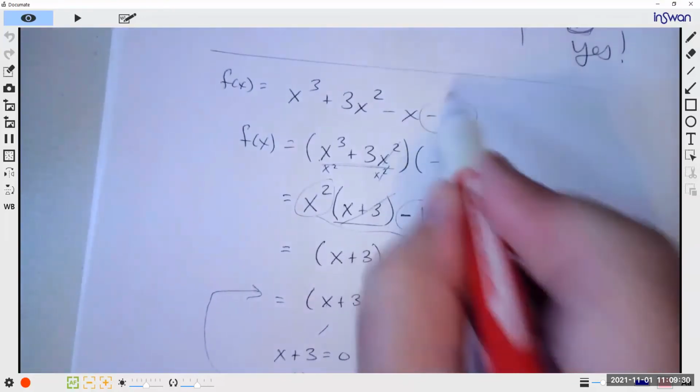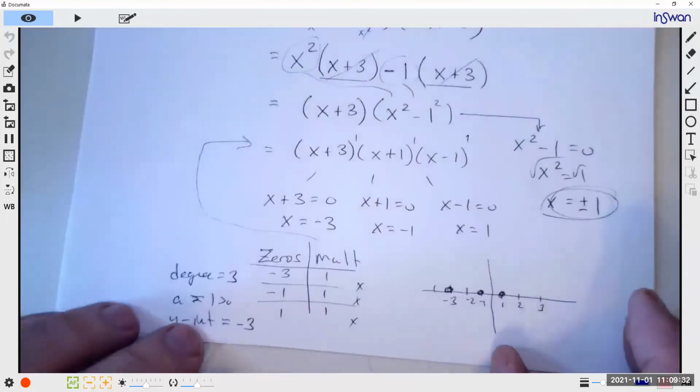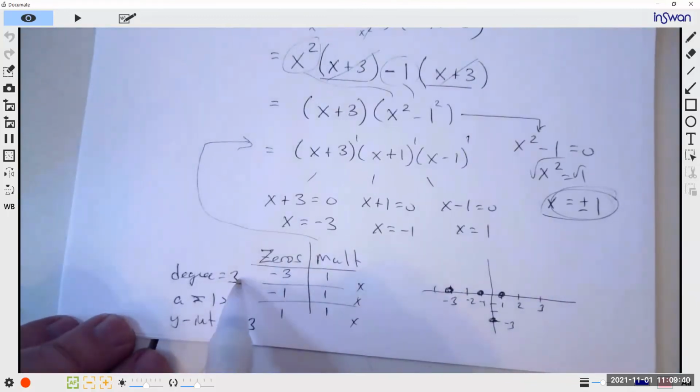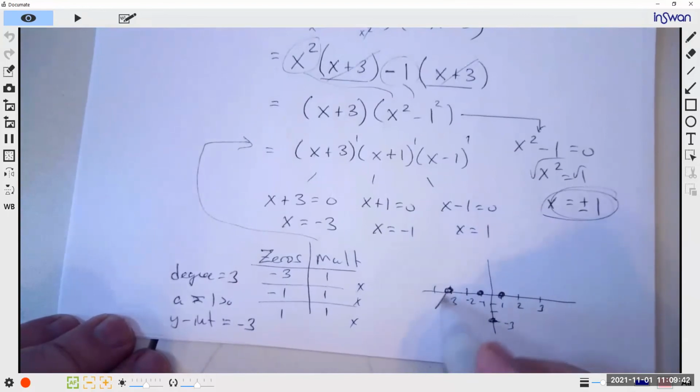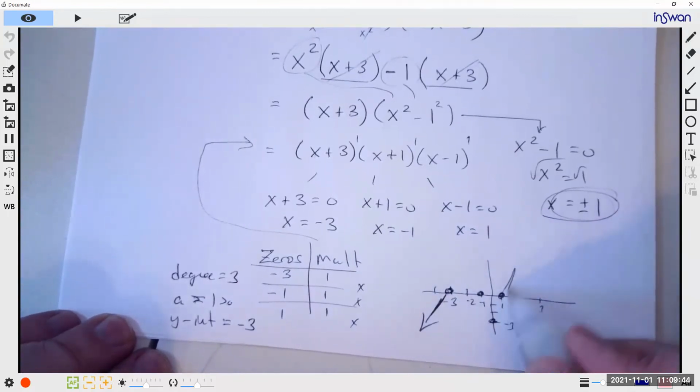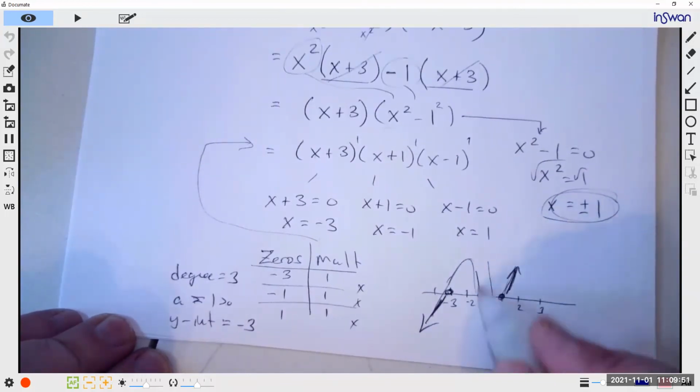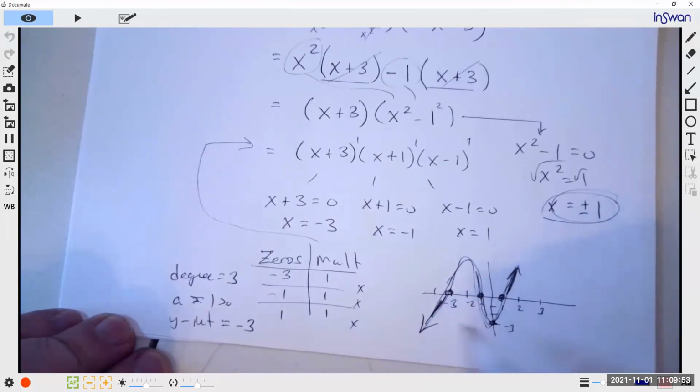That's the y-intercept. So since the degree is 3 and it's positive, we know that this end goes down, this end goes up. So that's the graph.